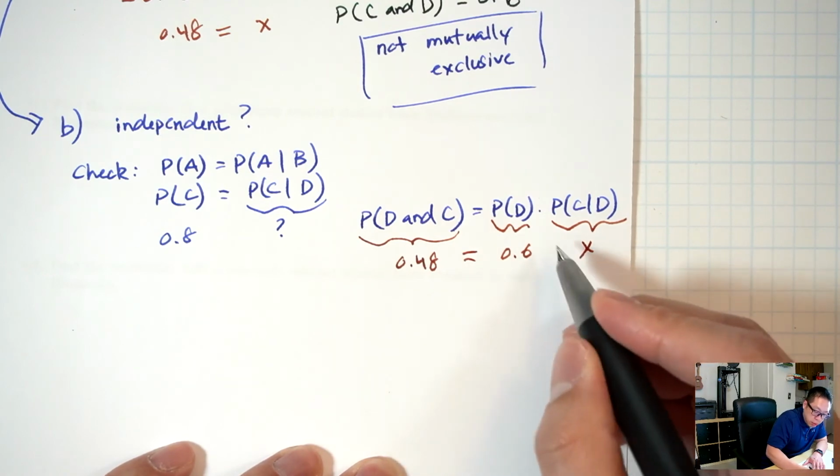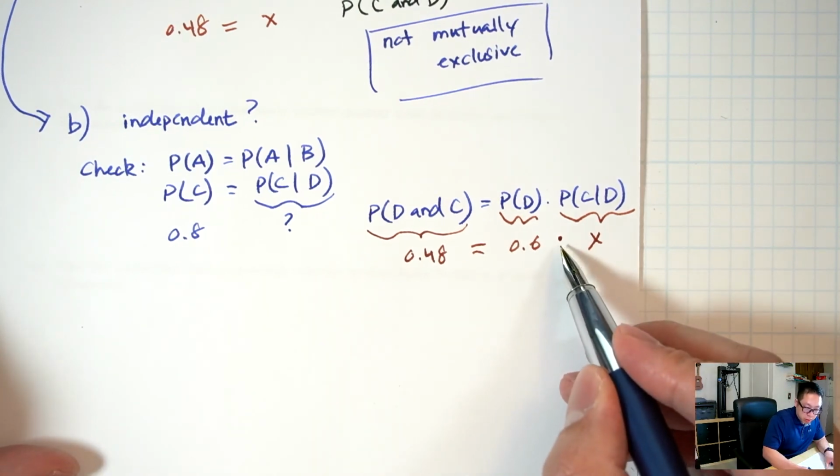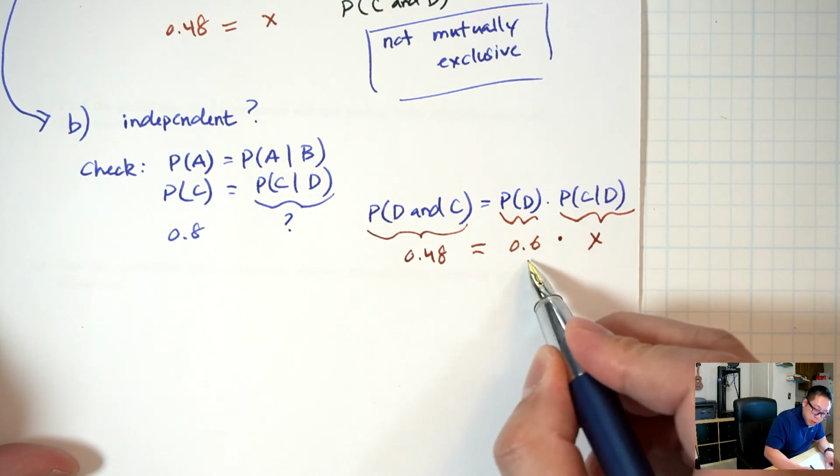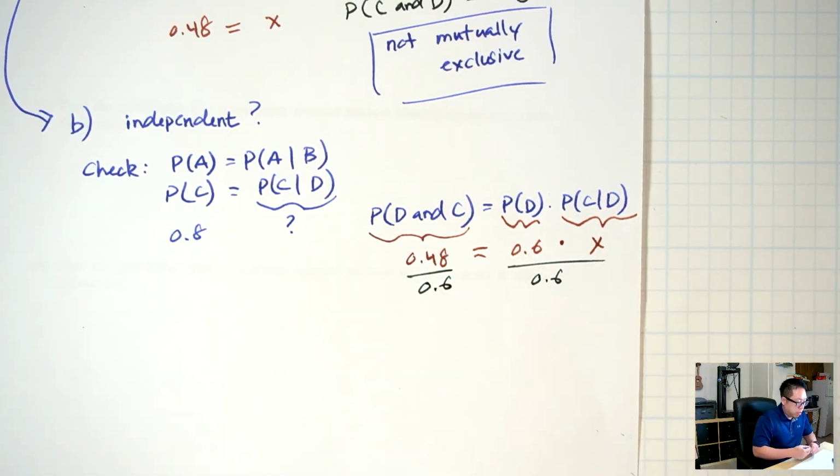Go through, fill in the symbols. There's an equal sign right here. There's a multiplication right there. And then your job is to get the X by itself. Right now, there's a multiplication here. So I need to divide both sides by 0.6 to get rid of it. Left side, 0.48 divided by 0.6 is 0.8.